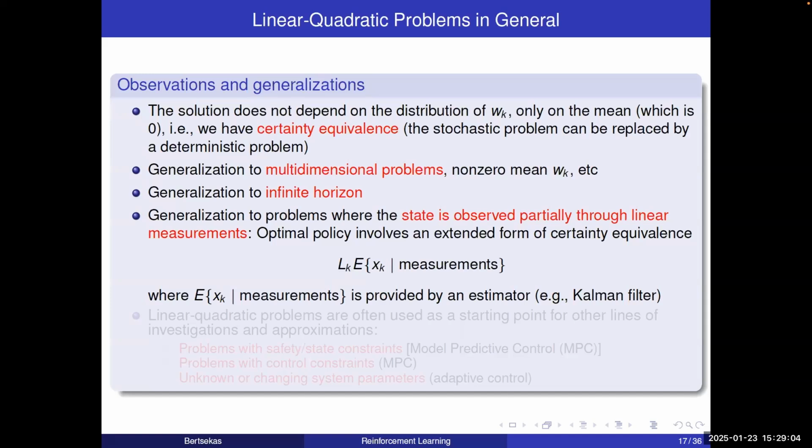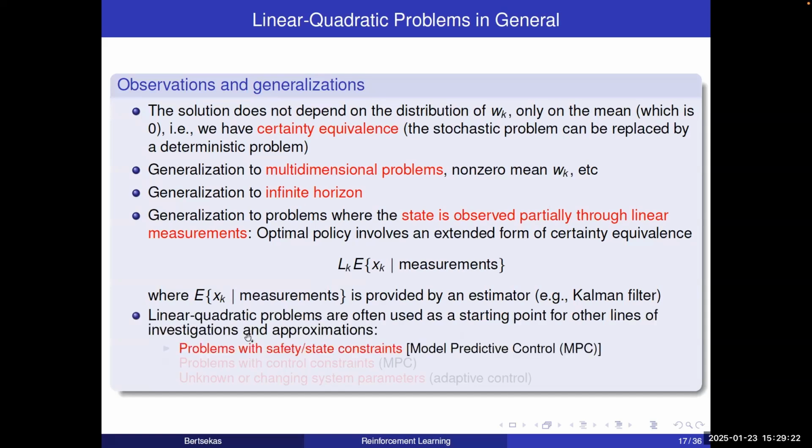But the important thing to note also is that it can be used as a starting point for approximations in other problems that do not have as favorable structure. And this is what reinforcement learning does to a great extent, and other related methodologies, such as model predictive control.